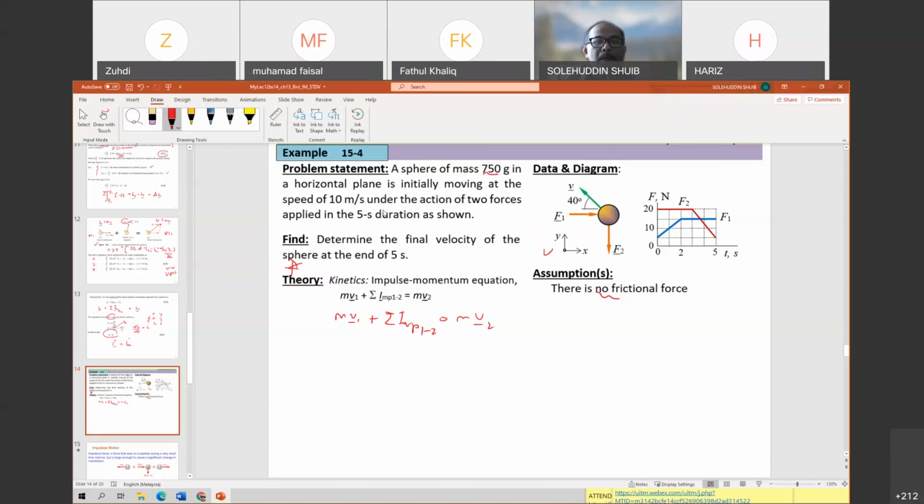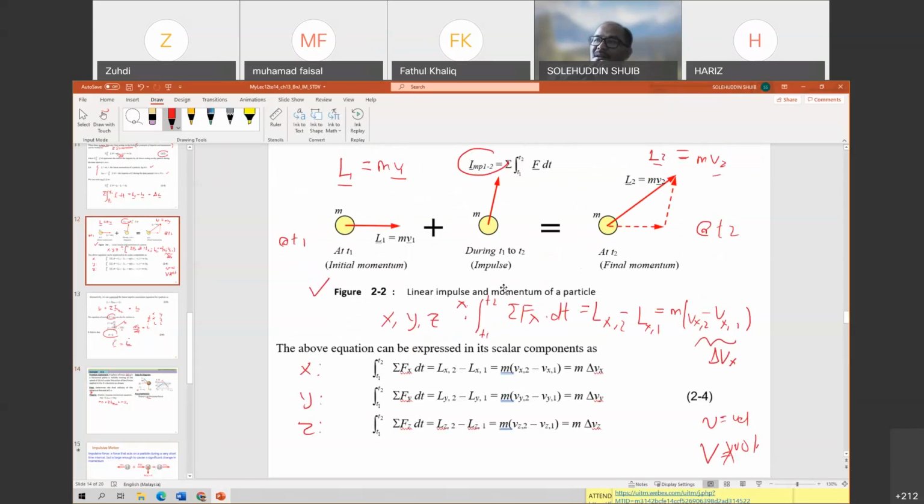Initial, final, and in between, impulse. Remember this one? Initial momentum plus impulse equals final momentum. So you need to draw it this way.